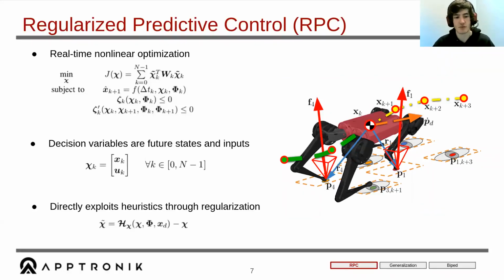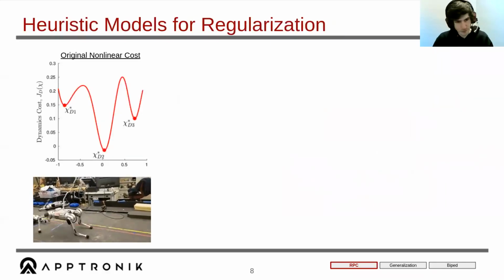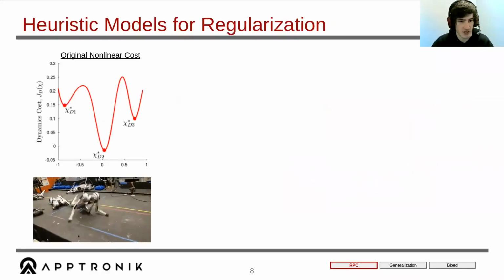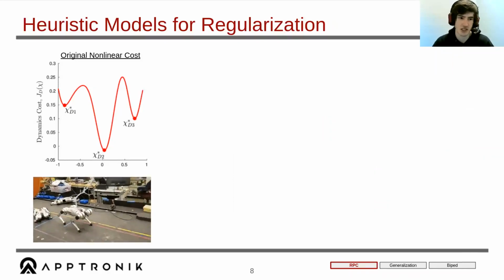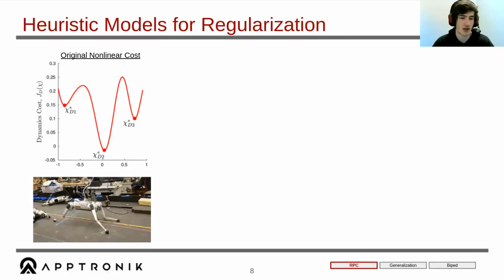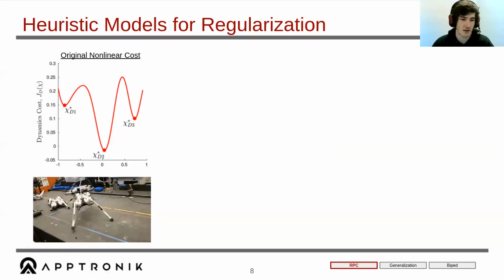And what separates this from traditional model predictive control is that rather than relying on a good model of the system, we try to exploit heuristics through regularization. So what do heuristics actually mean? I have this example of the robot trying to basically just stand in place and do a trot in place without any kind of regularization.